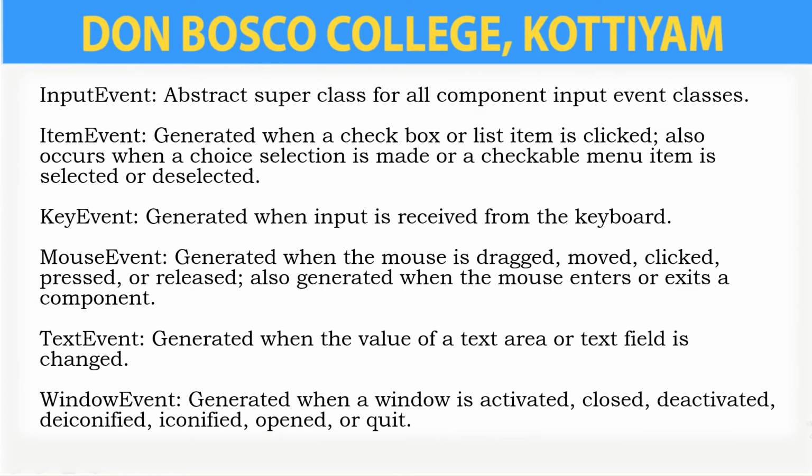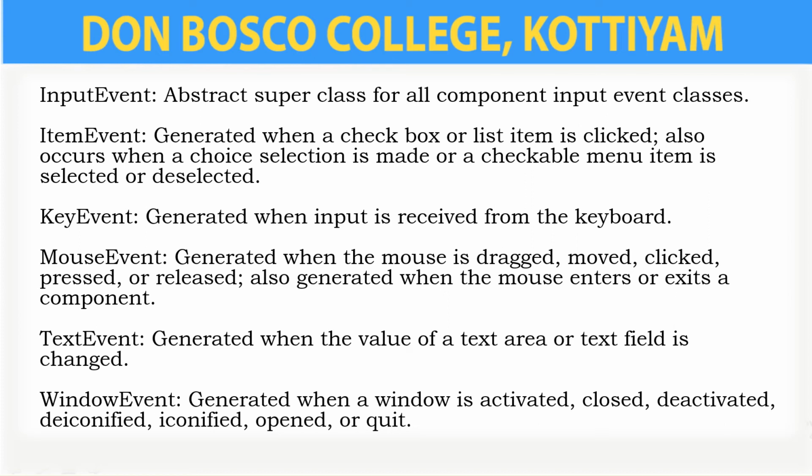Next is InputEvent, the abstract superclass for all component input event classes. Next is ItemEvent, generated when a checkbox or list item is clicked. It also occurs when a choice selection is made or a checkable menu item is selected or deselected. Next is KeyEvent, generated when input is received from the keyboard.